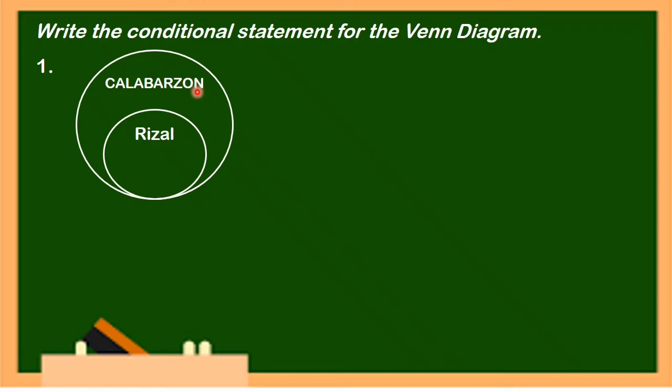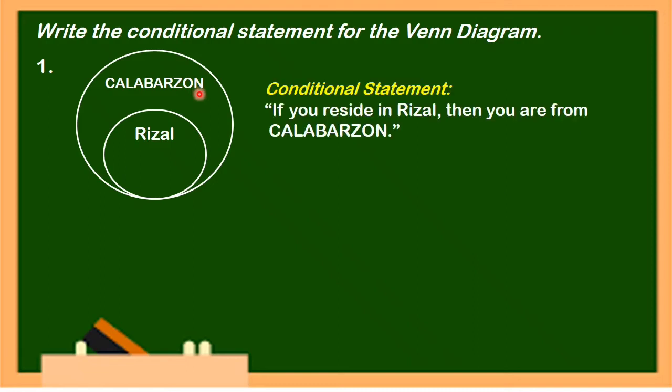Now, if you are going to write its conditional statement, we have, if you reside in Rizal, then you are from Calabarzon. Since Rizal is one of the provinces that belongs to Calabarzon or Region 4A, we have here CALABARZON, which is Cavite, Laguna, Batangas, Rizal, at Quezon. R pertains to Rizal. That's why it is inside the conclusion, Calabarzon.